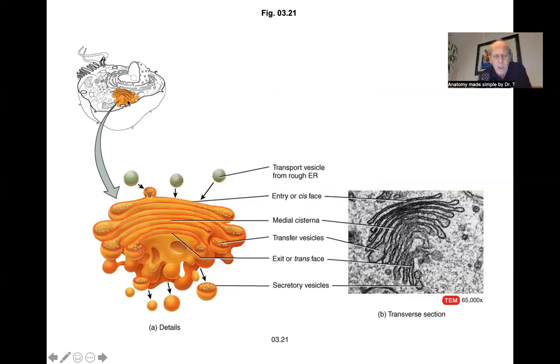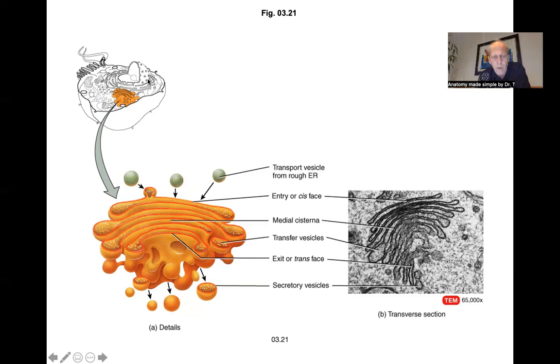Another interesting organelle, shape-wise quite comparable to the endoplasmic reticulum, is also made with a series of flattened parallel running sacs, but this time we're talking about the Golgi apparatus.